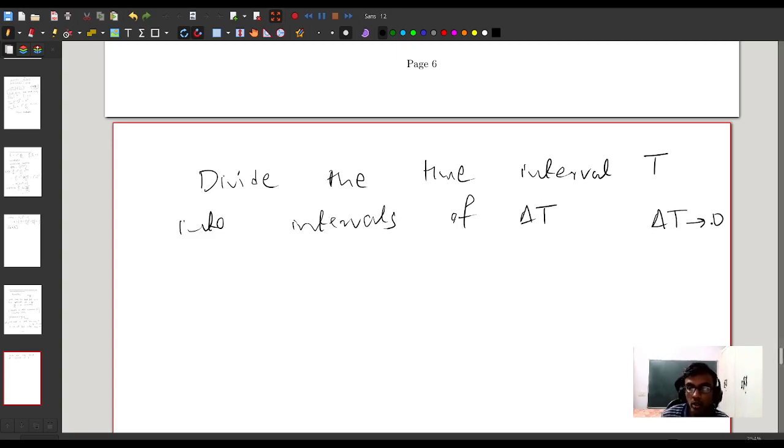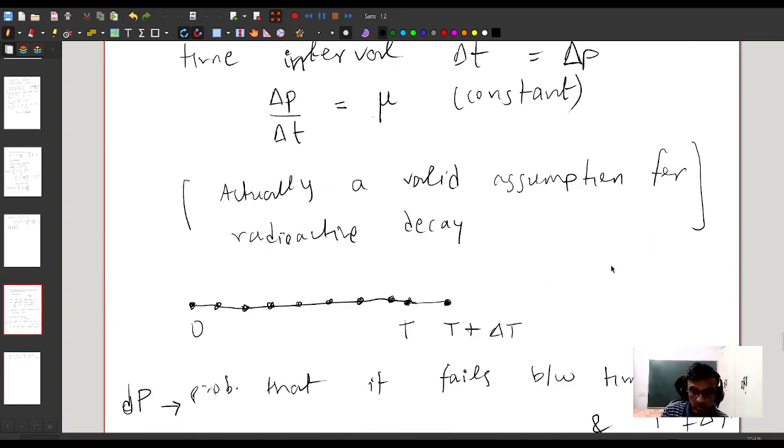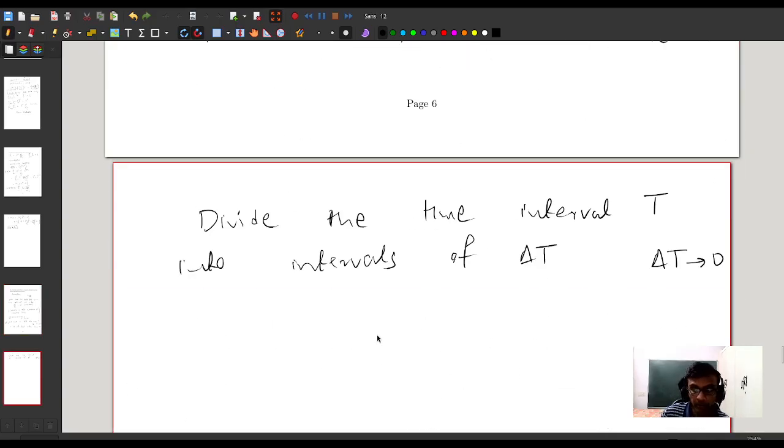We want to make this very fine and take the limit when the time interval is very small.